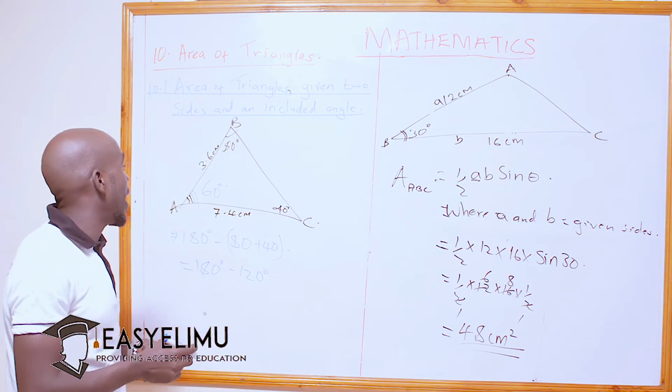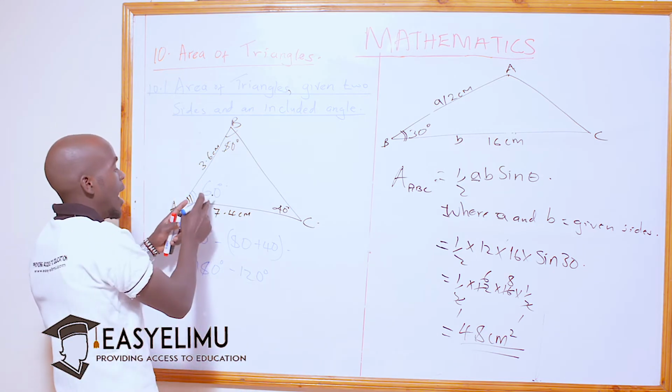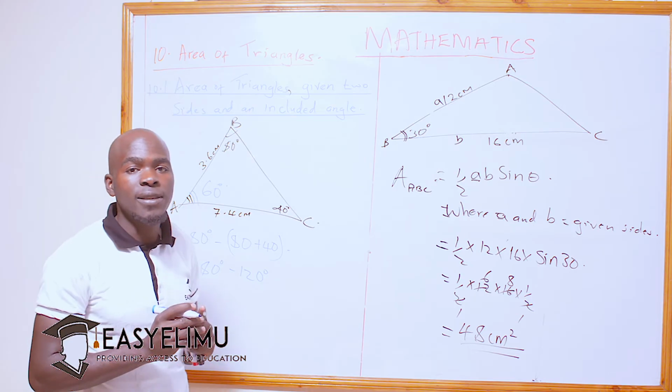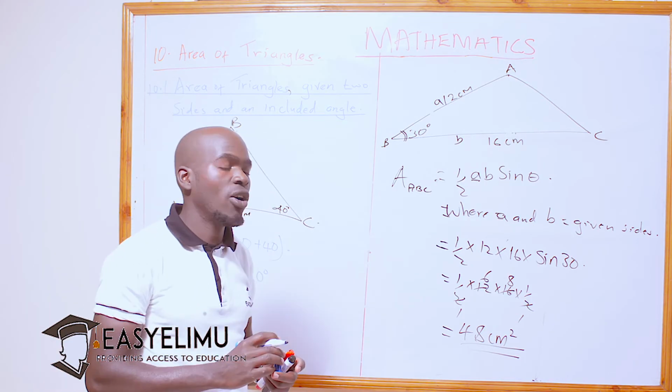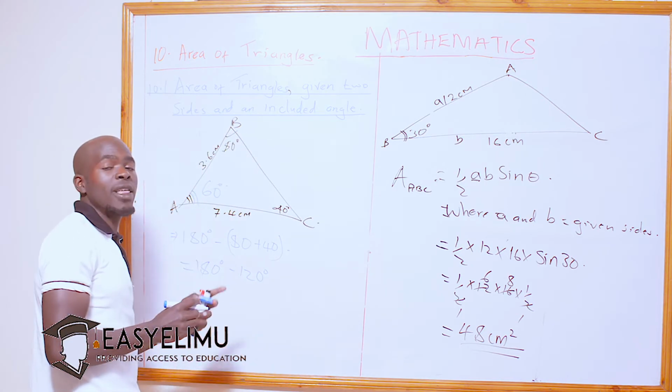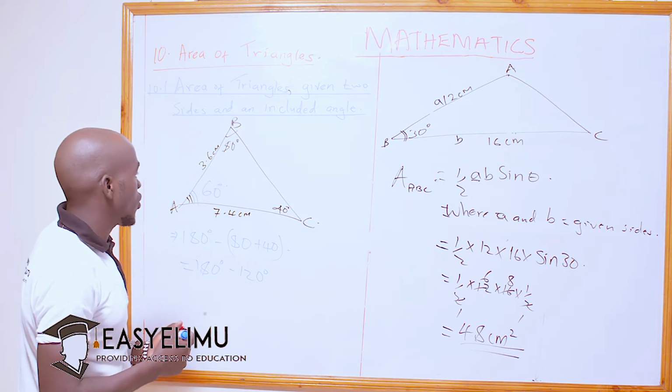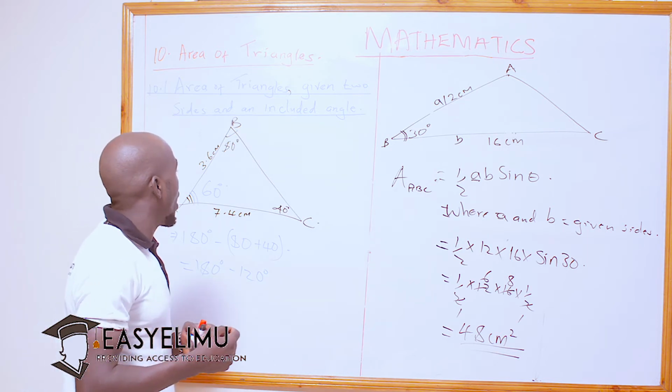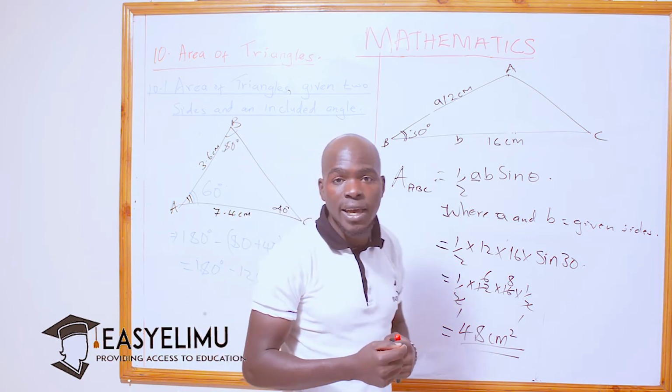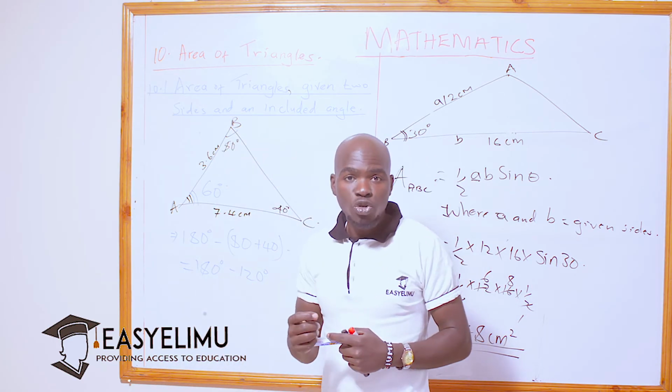From there, because we have an angle and two sides enclosing that angle, you can now find the area of that given triangle. I will require you to do that.